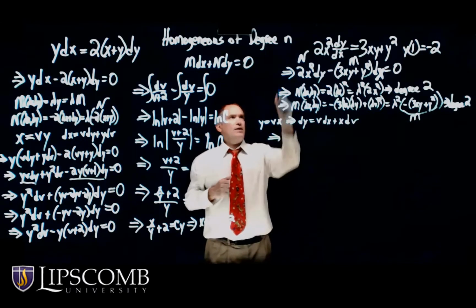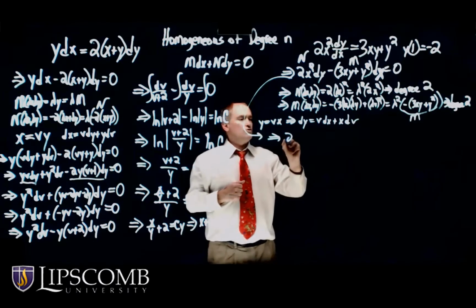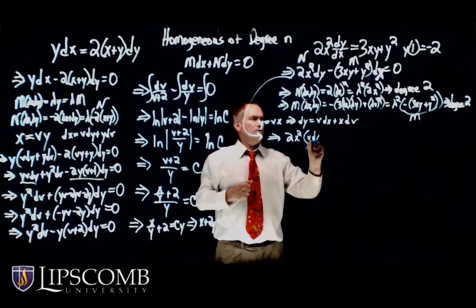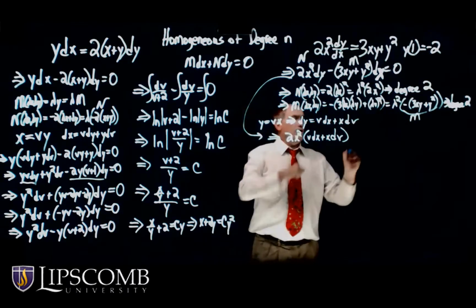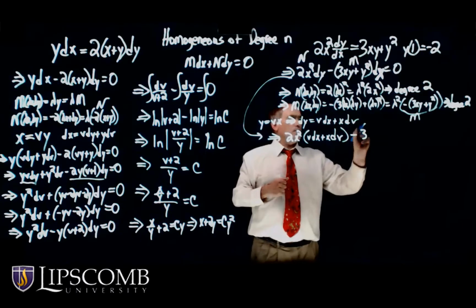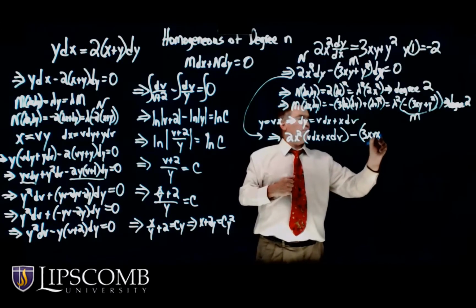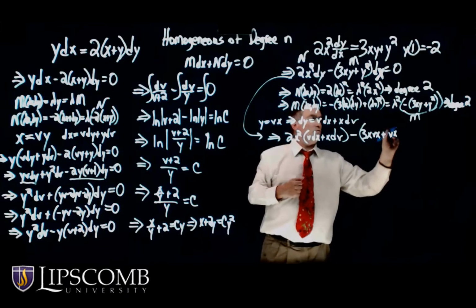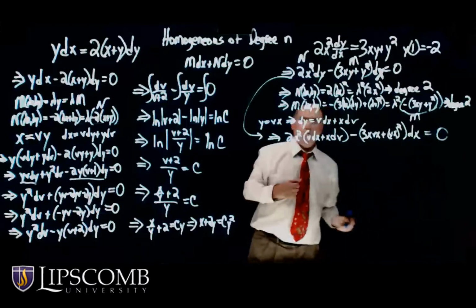So I take this, and I'm going to get 2x squared times (v dx plus x dv). Over here, I'm going to get minus 3x times vx plus y. Again, y is vx, so that'd be (vx) squared dx equal to 0.